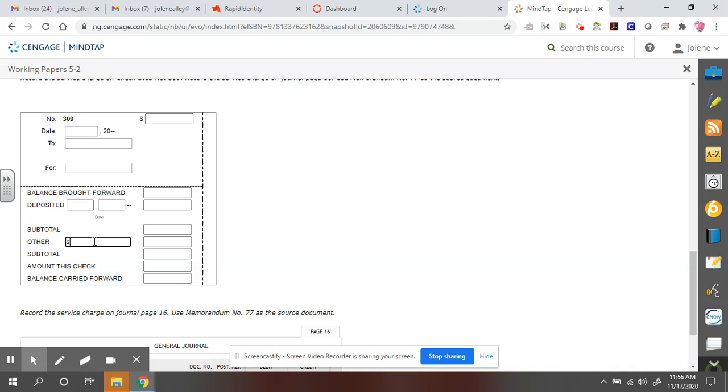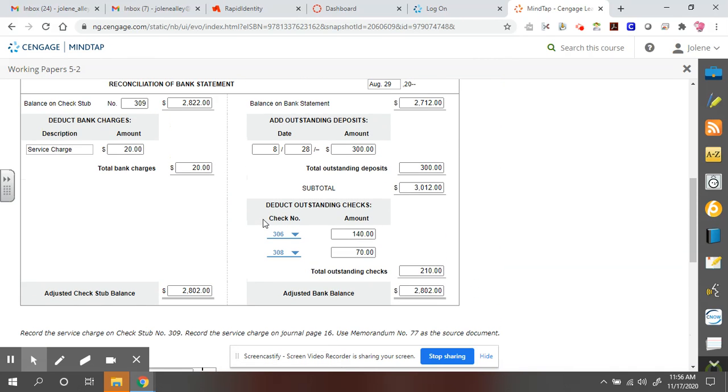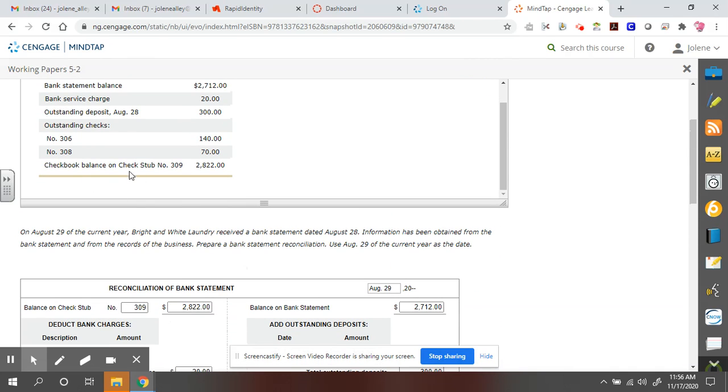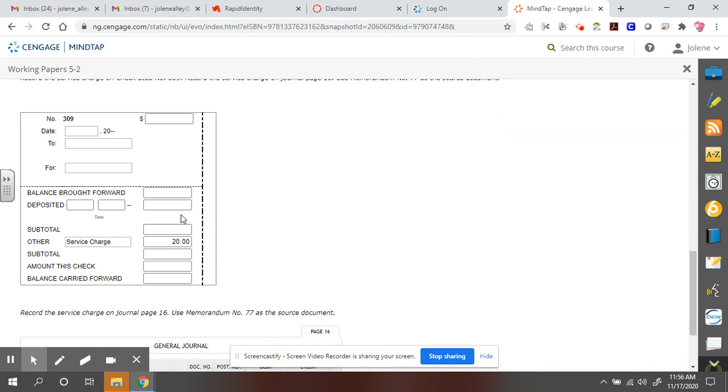We have to put service charge, and it was $20. And up here, it said that our check stub on 309, the balance was 2822. So I'm taking that dollar amount, 2822 down here.